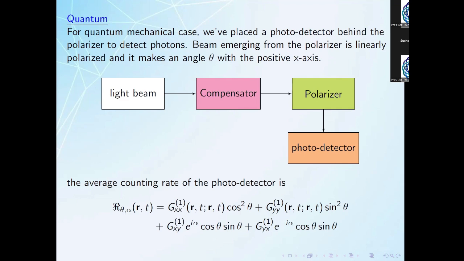So the beam emerging from the polarizer is linearly polarized and makes an angle theta with the positive x-axis. This theta is the polarization angle, and the average counting rate of the photodetector can be written in terms of the polarization matrix elements. This was the whole setup.